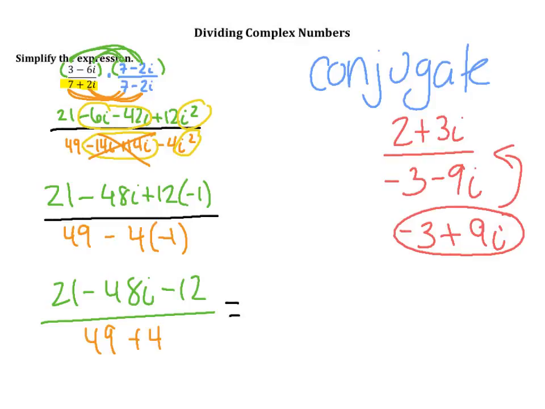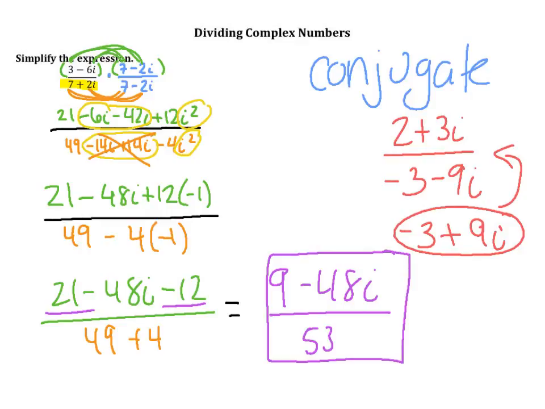So now we're on the final stages of simplifying here. I'm going to end up on the top with 21 minus 12. So that's going to be 9 minus 48i on top over 49 plus 4, which is 53, on the bottom.